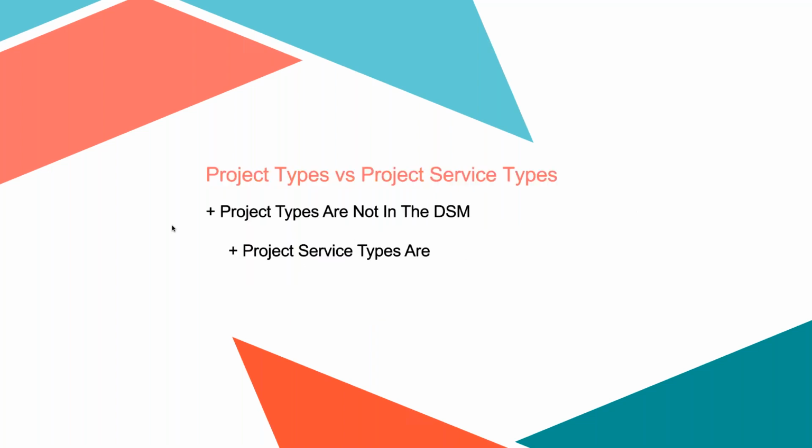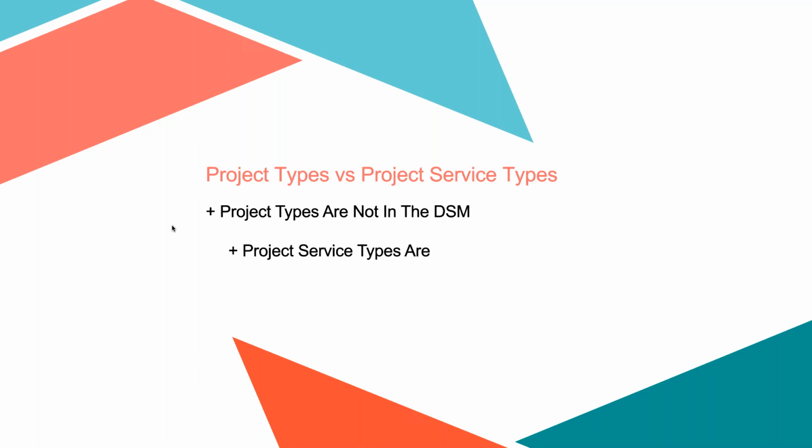Project types versus project service types. The project types are not in the DSM, the Data Standards Manual, whereas the project service types are. The project service types are defined by the AGD, and I'll go into more of that shortly.